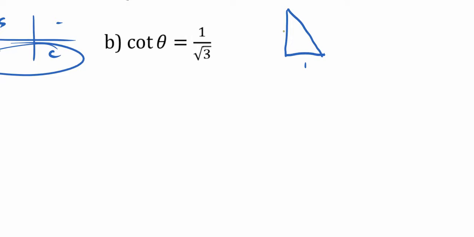Uh, 1, 2, root 3. And tangent is opposite over adjacent. So cotangent is adjacent over opposite. So here's my pi by 3. Oh, I made this way too small. Here's my pi by 6.